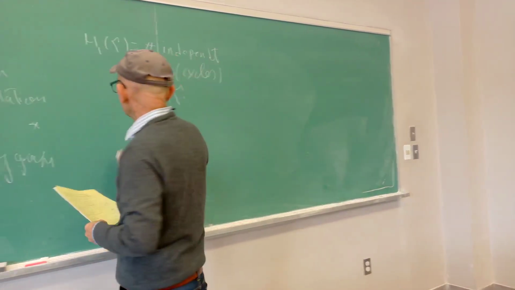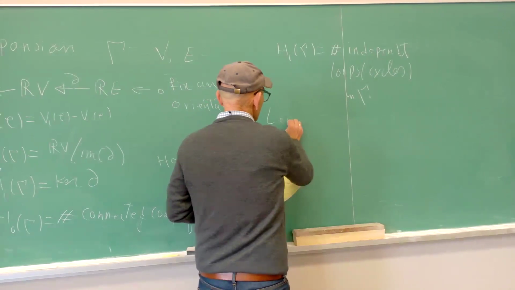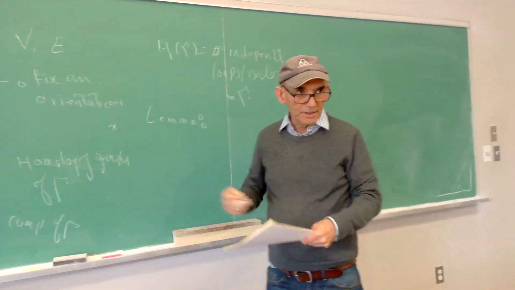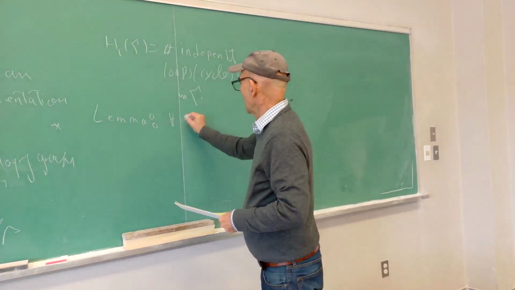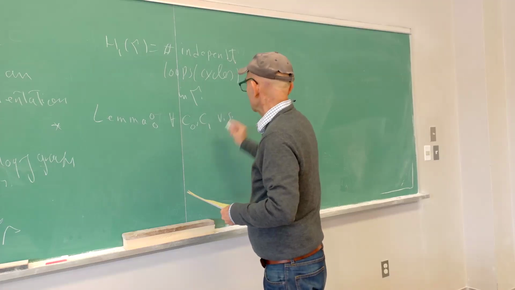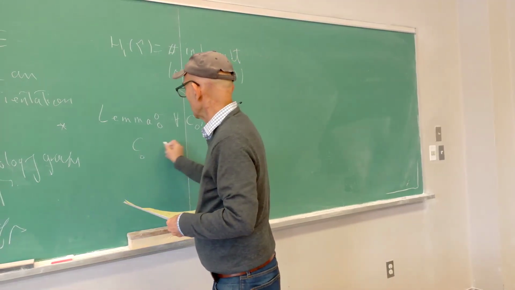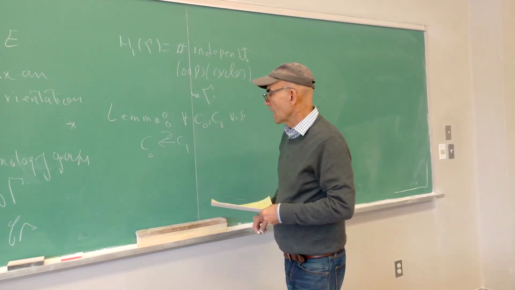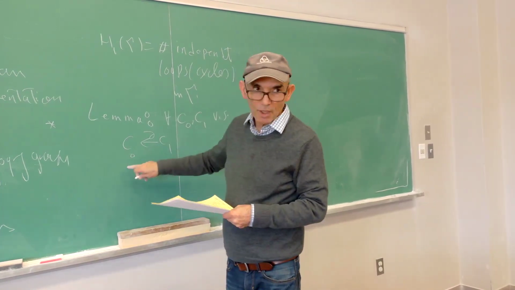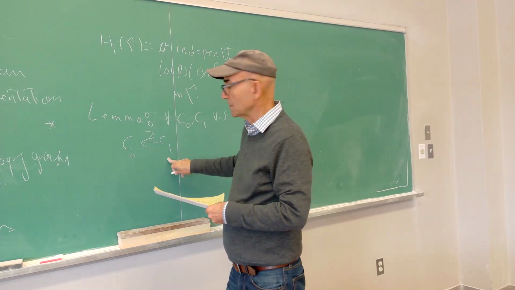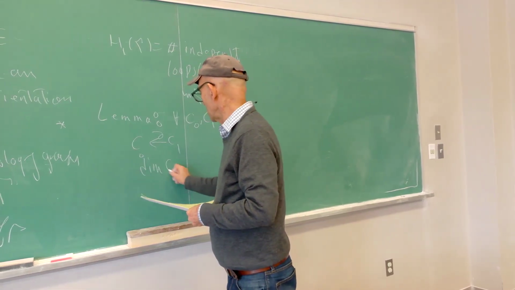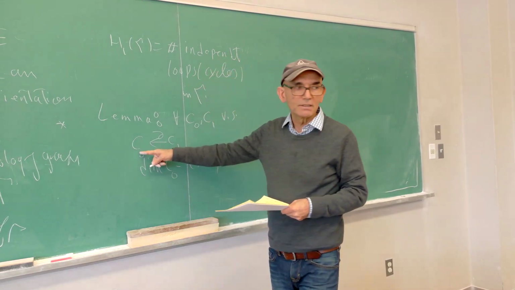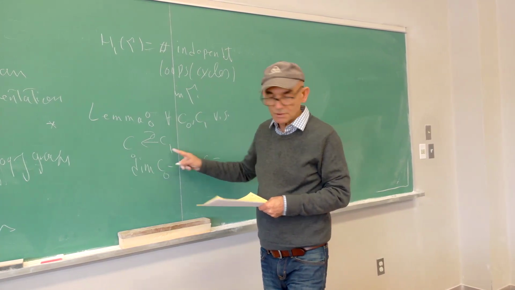So then there is a simple lemma from linear algebra, that if you have a linear map like this between vector spaces C0, C1, then the dimension of C0 minus the dimension of C1 is equal to the dimension of the homology minus the dimension of this homology.